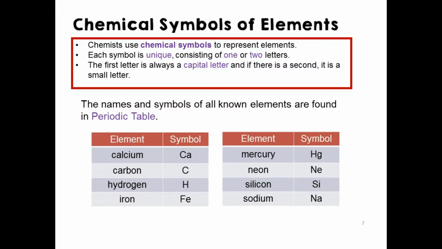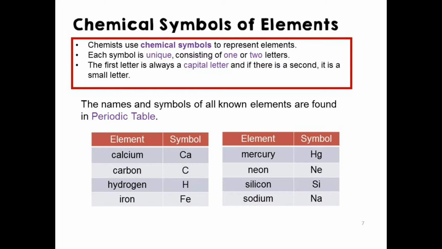Each symbol is unique. For example, calcium is with a capital letter C and a small letter a, and hydrogen is with a capital letter H. However, the chemical symbol of the element does not necessarily follow the first letter of the element.